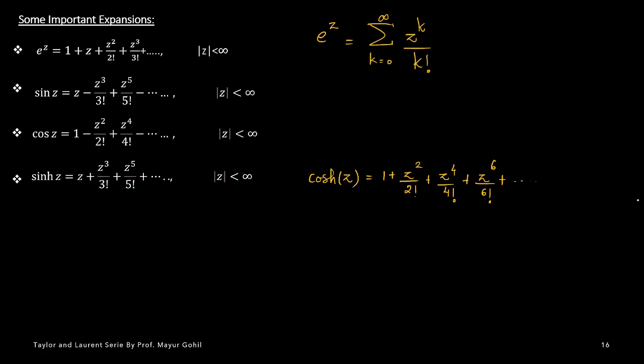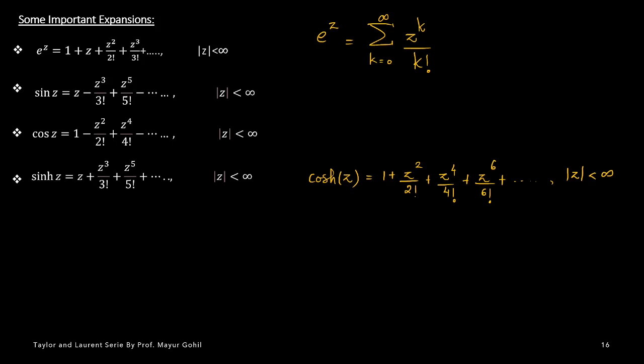So this is how the expansion happens for cosh of z, and again the condition is the same, mod z is less than infinity. So these are a few expansions which are important. Of course there are others also we might need. We will see them when we need them.